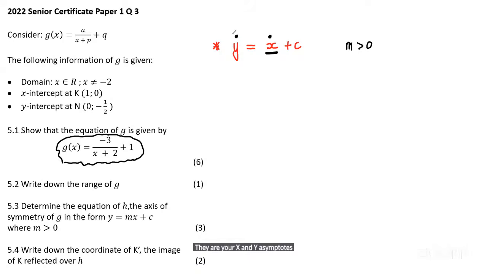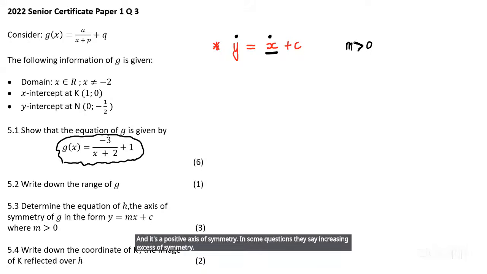So you're saying that if I'm looking for the equation of the axis of symmetry for a hyperbola and it's a positive axis of symmetry, in some questions they say increasing axis of symmetry, it's a positive, increasing axis of symmetry.